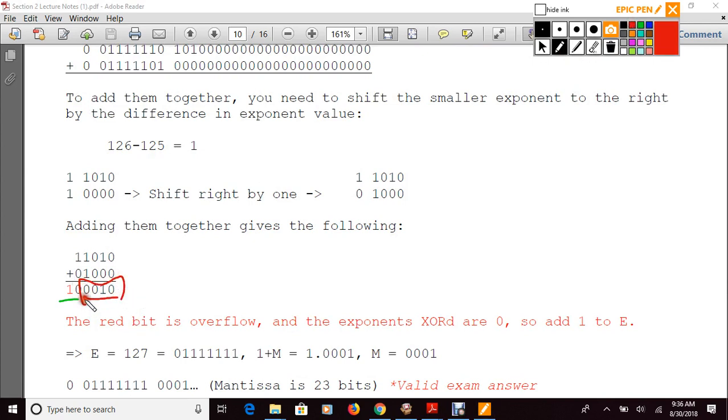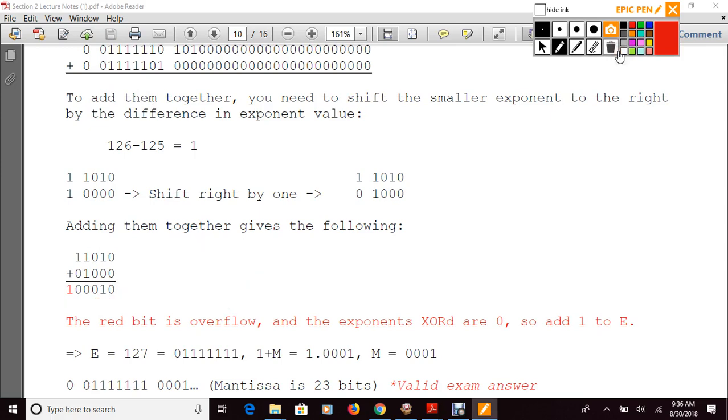Because the decimal point is no longer here, I manipulate the exponent. The exponent value is changed, and then I put everything after the most significant 1, which in this case is 00010, into that 23 bits.